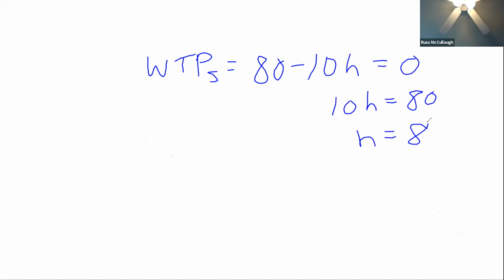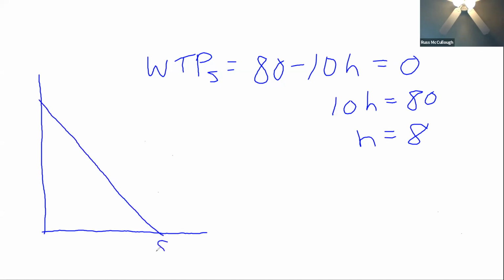Now you guys do the same thing with the other graph. I'm going to draw another line here. So we've got something like 8 and 80, and that's our willingness to pay function.